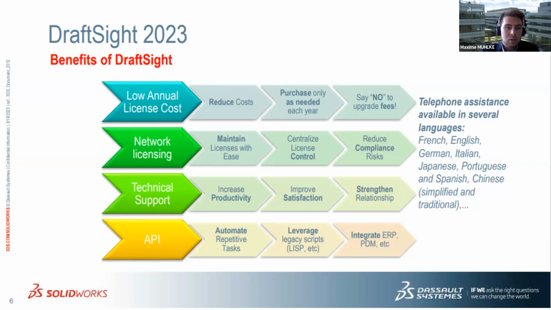So let's continue working with network licenses, and this you can only do with DraftSight. After that, we have the technical support, which will be provided by your partner, and also the possibility to work with the API, so work with macros, Lisp, and really create automated tasks in order to get a better workflow.